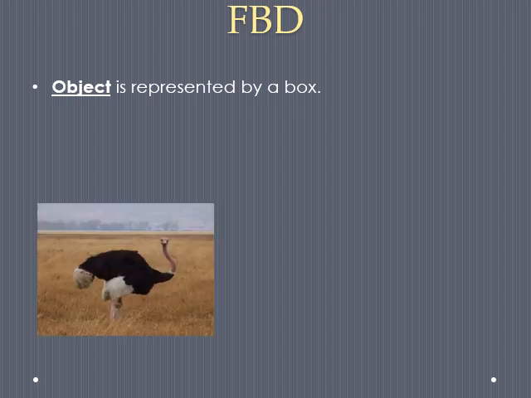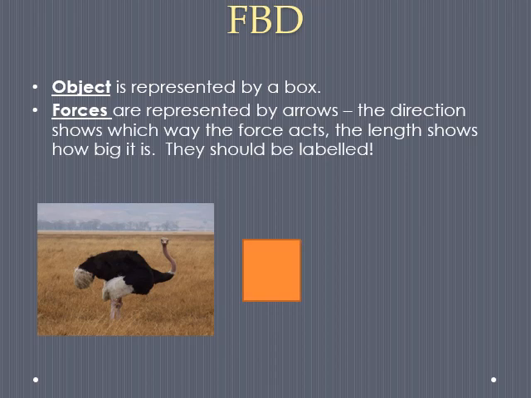So let's go through the process of how to draw a free body diagram that'll meet all the requirements for the AP exam. Any object or system is typically represented by a box. So if you're drawing a free body diagram of an ostrich, it doesn't look like that. It looks like this. The only thing we should ever put on free body diagrams are actual forces. Not components of forces, not speed, nothing but a force.